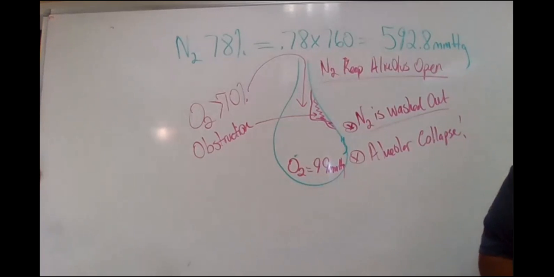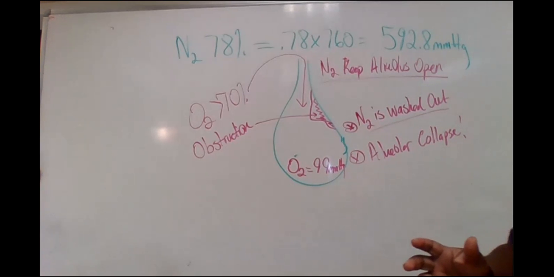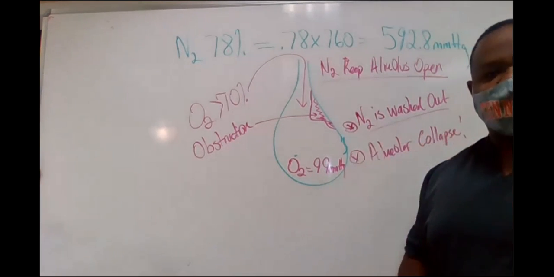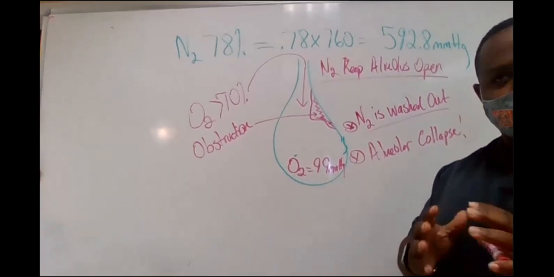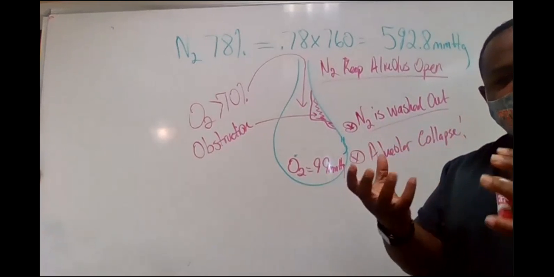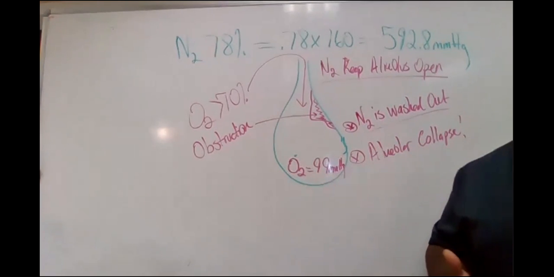Okay? That's called absorption atelectasis, because atelectasis is anytime you have an alveoli that's closed. Atelectasis, guys, is a closed alveoli. Little pockets of alveoli that start closing up is called atelectasis.